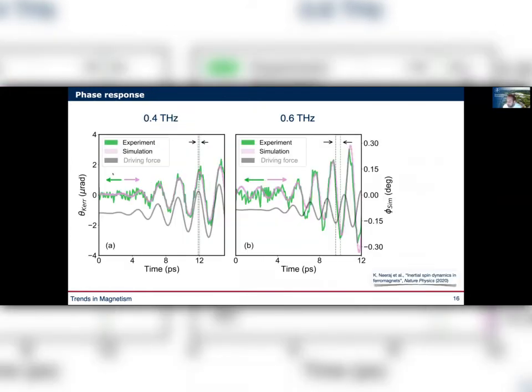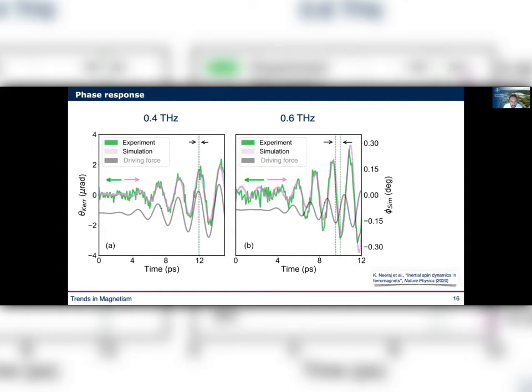The other thing we could look at was the phase response. As I said, if you are before the resonance, you should be in phase, and if you're at resonance, you should be 90 degrees out of phase. So what we saw, I take again these 2 frequencies, 0.4 and 0.6. You can see at 0.4, what you have in green is the experimental data. The pink is the simulation that we did, which goes on top of it.